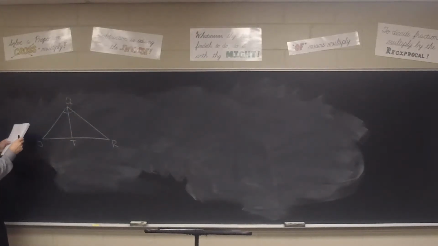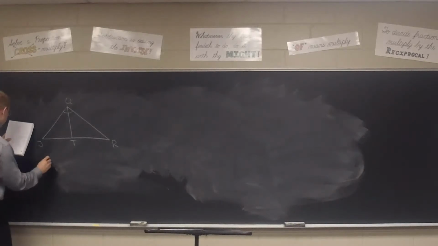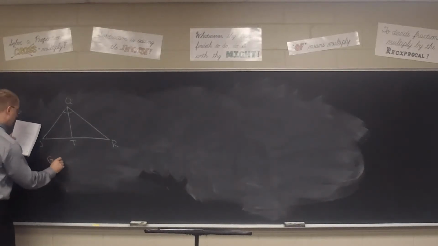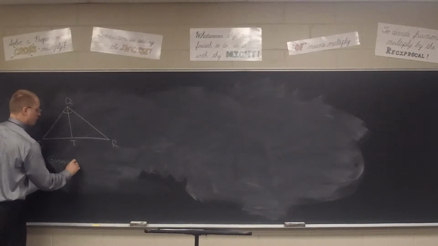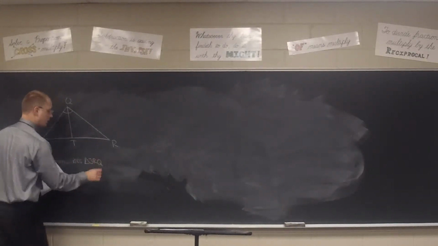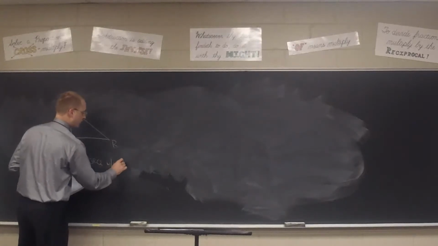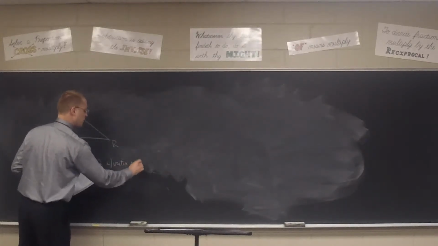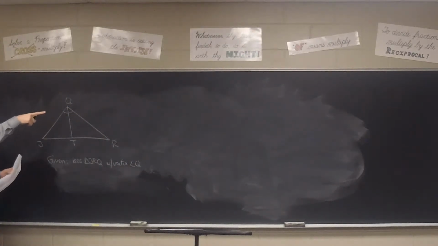And so we said, given that the triangle, first of all, was isosceles, right? Isosceles triangle JRQ with vertex angle Q. Yes, I think we did get the first statement and first reason down, didn't we?